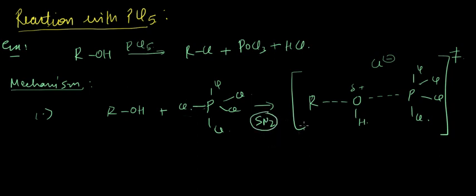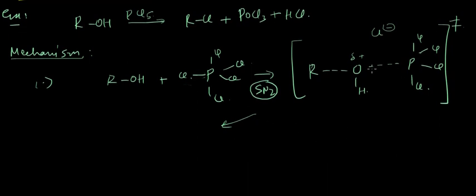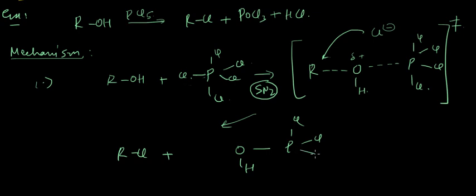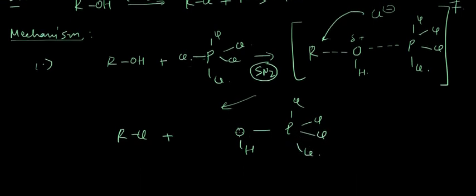Okay, so after this, the Cl minus actually attacks on R, so we will have RCl plus another intermediate wherein O actually donates its electron and gets a positive charge on it, and Cl also breaks off.